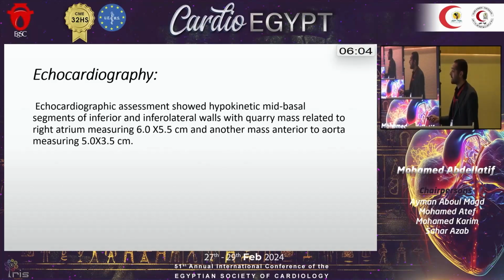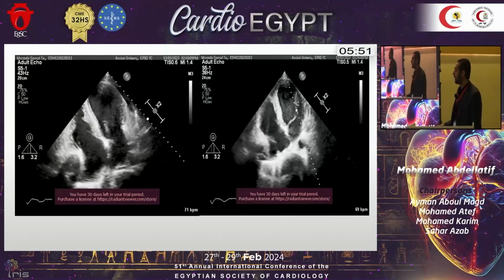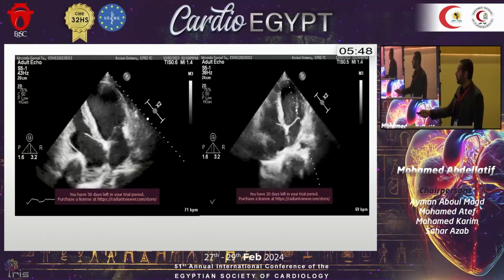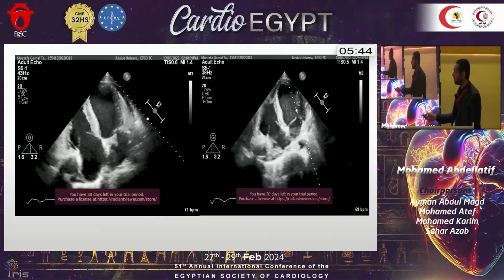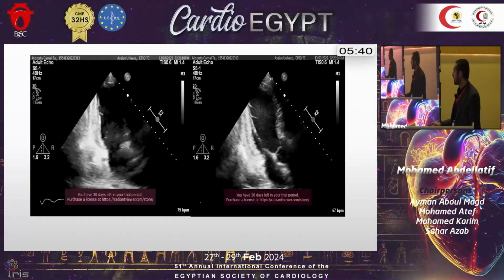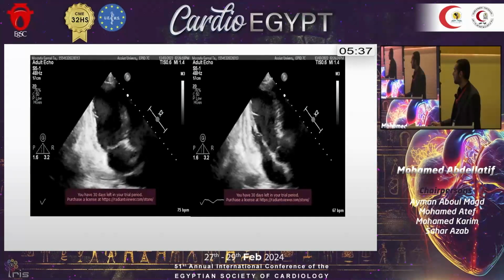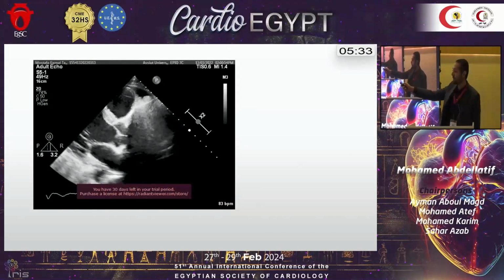But we saw a query mass related to the right atrium, measuring about 6 centimeters by 5.5 centimeters, and another mass anterior to the aorta measuring about 5 centimeters too. This is the echocardiography of the patient. Here you can identify the mass related to the right atrium, compressing the right atrium, and the other mass compressing the aorta.